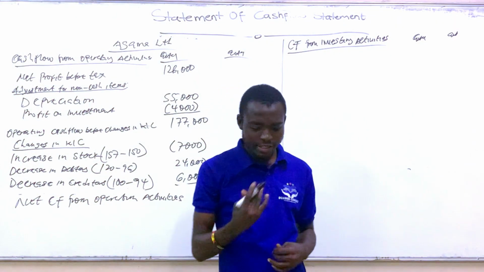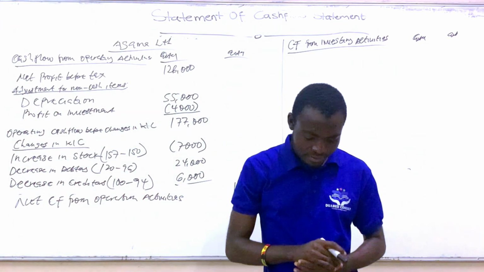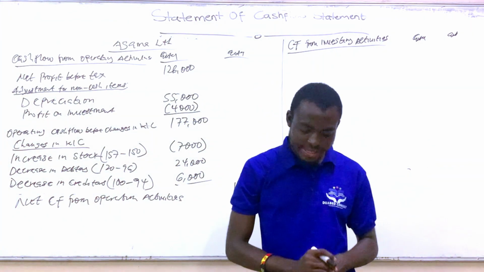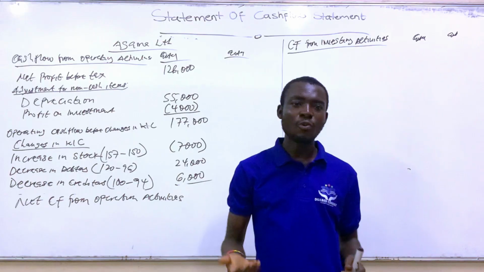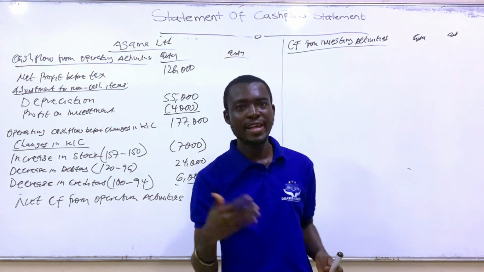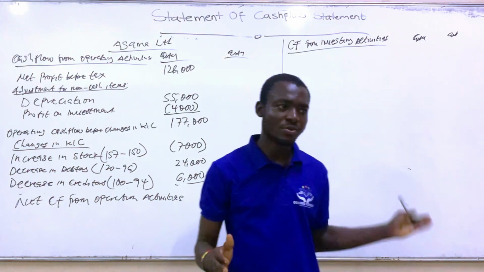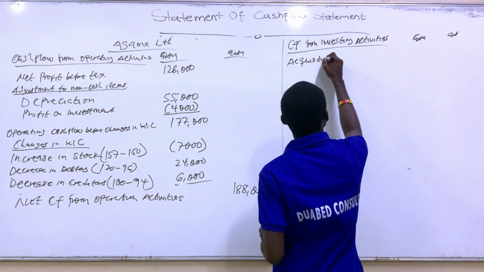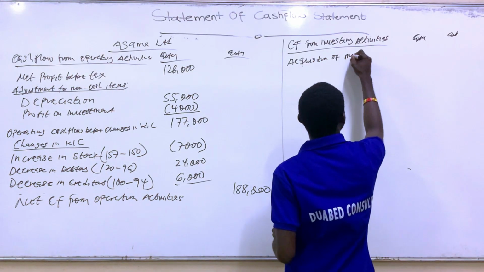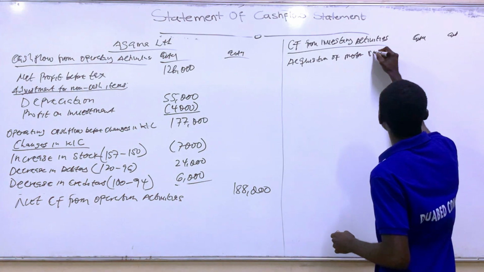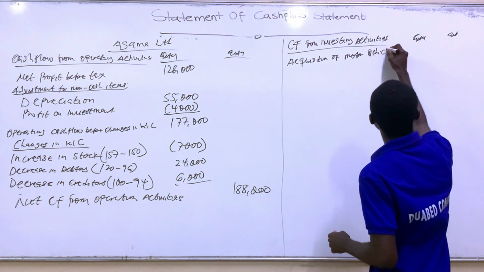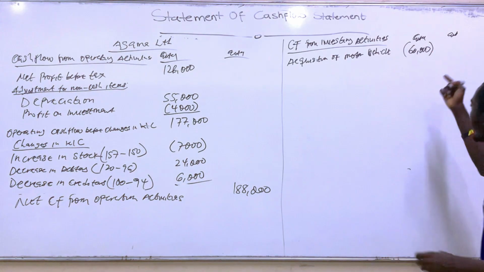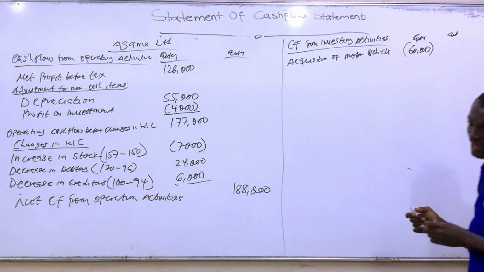In additional information, they said the company acquired a motor vehicle costing 60,000. When you acquire a motor vehicle, it results in a reduction of cash and cash equivalents. So, acquisition of motor vehicle, 60,000. Since it's a cash outflow, it will be a negative figure.